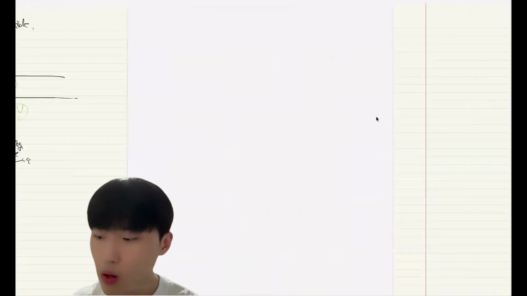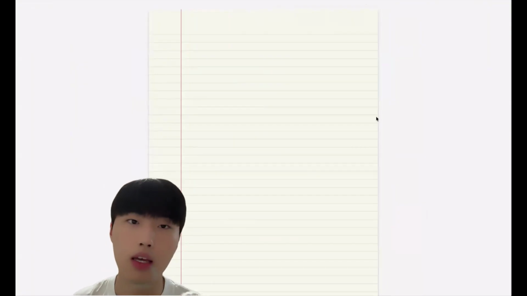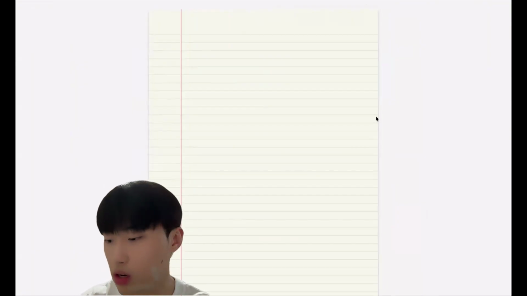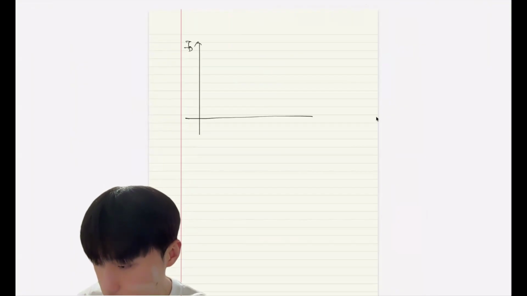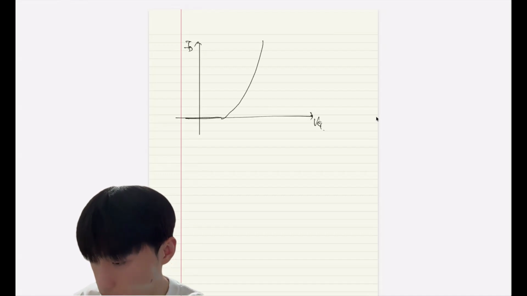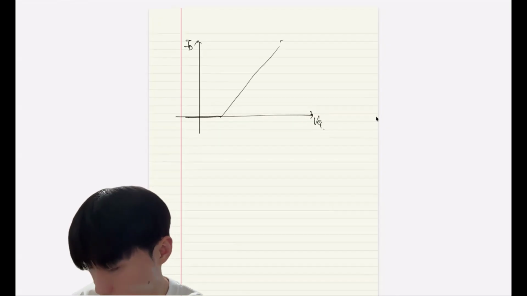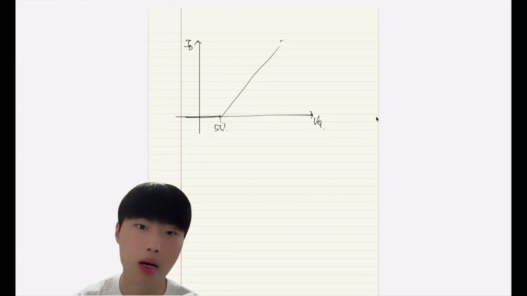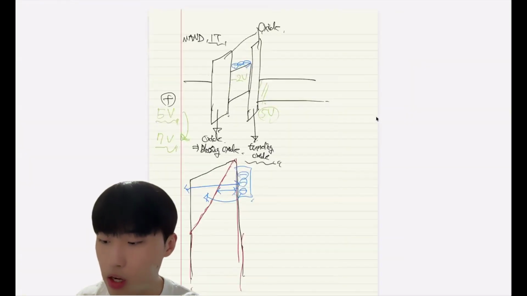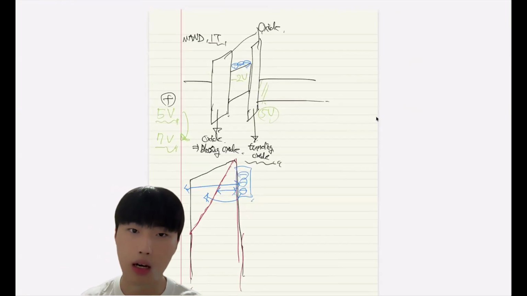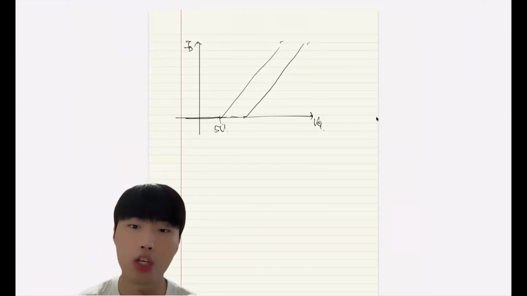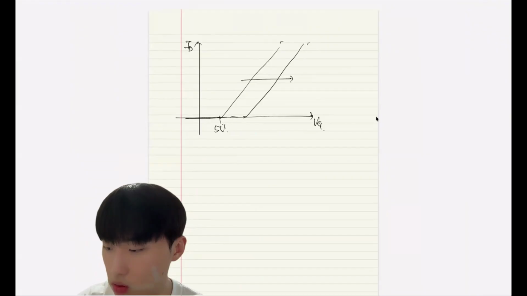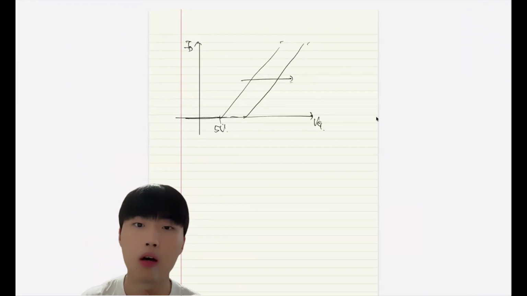So when we look at the ID-VG curve of the NAND flash, first of all, it was 5 volt, but when there are carriers between the oxides, the threshold voltage will be increased. And on the ID-VG curve, it has been shifted to the right side.